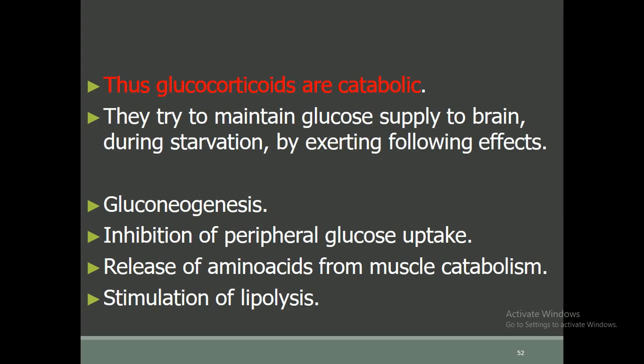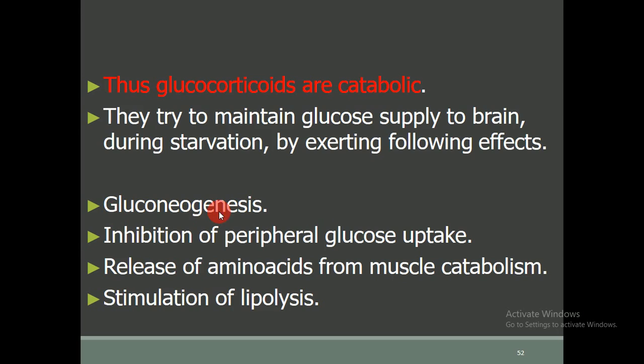One is anabolism, the other is catabolism. In anabolic reactions there is formation of something, synthesis. In catabolic reactions, things are broken down. Glucocorticoids try to maintain the glucose supply to the brain during starvation by exerting the following effects.